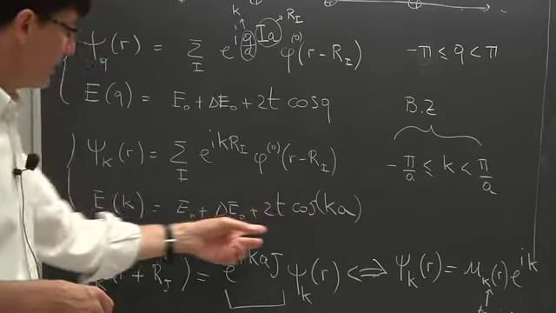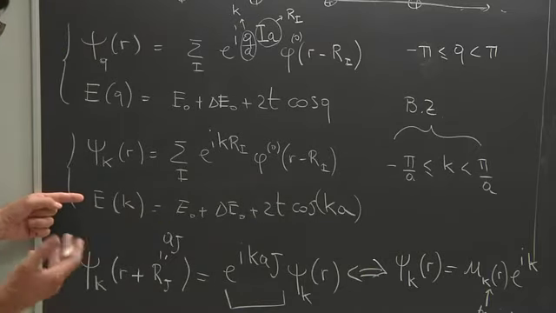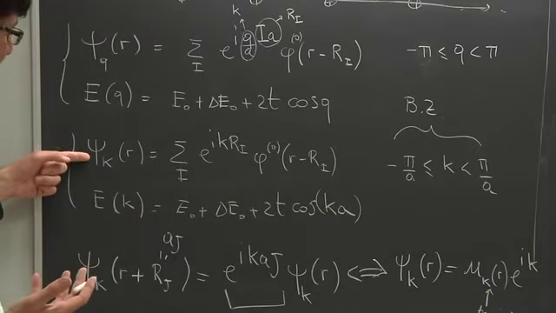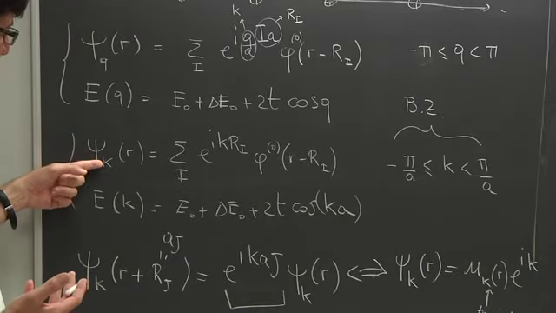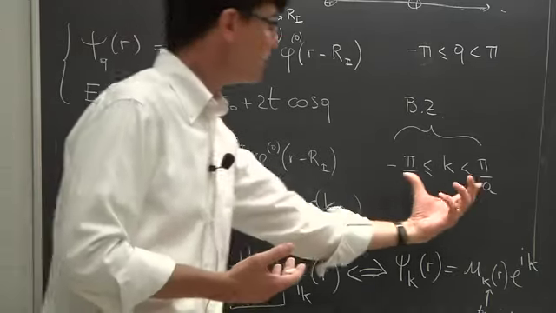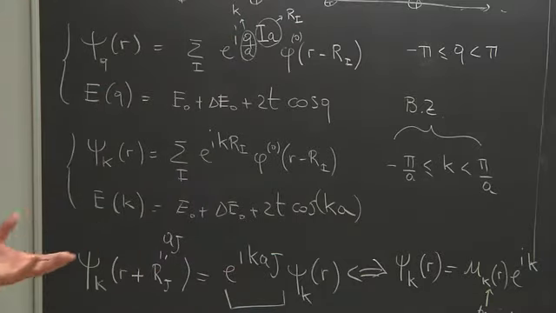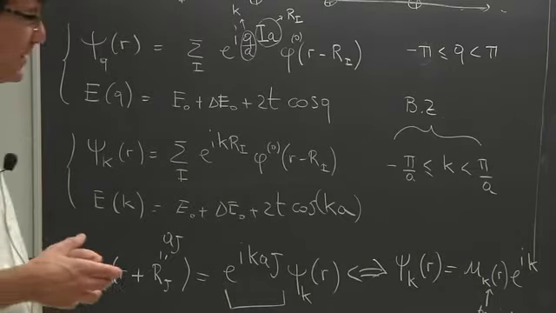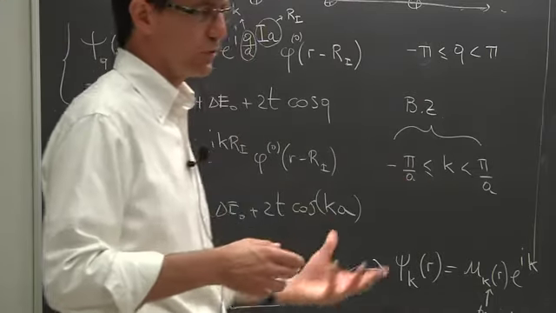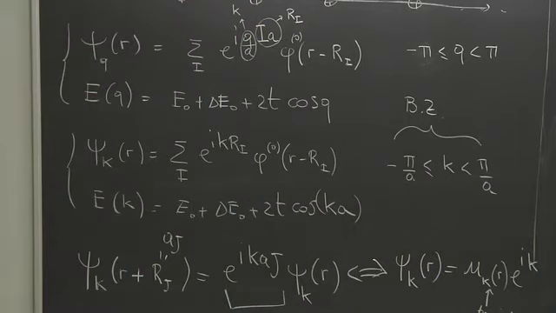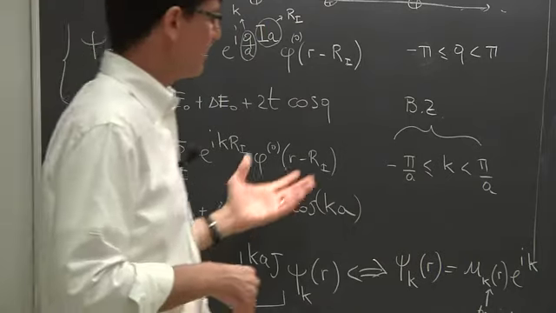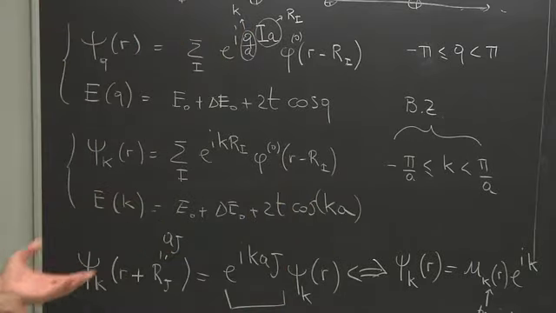Solutions are periodic with periodicity given by the reciprocal lattice, and the values of k can be restricted to belong to the unit cell, because elsewhere they are periodic. I don't need to go outside, because what I will find outside is exactly what I will find inside one unit cell, which I choose to be the Brillouin zone of the reciprocal space. I'm just rephrasing, with a different language, something that we've already done and calculated.